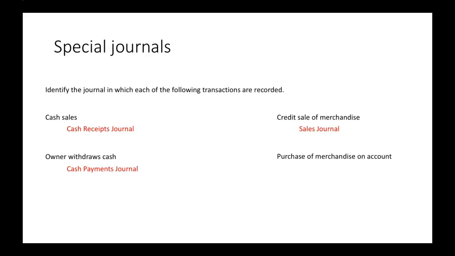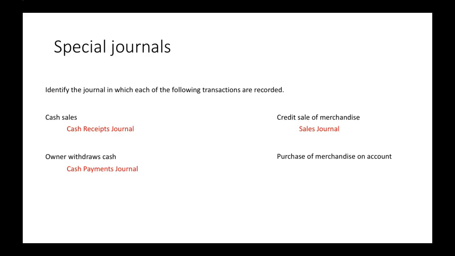Our next one, purchase of merchandise on account. We ask ourselves, is cash involved? Well, we don't see cash anywhere in that transaction, so we know that cash is not involved here. We've eliminated the cash receipts and the cash payments journal. Instead, it's either the sales journal, the purchases journal, or the general journal.